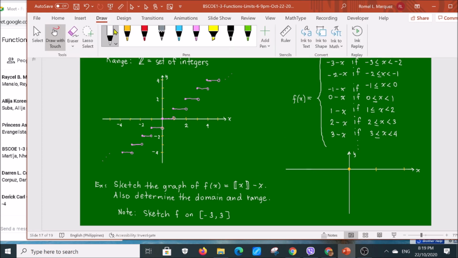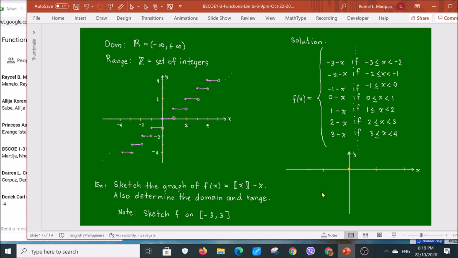This is negative, positive 1. Is it smaller or enough? And then negative 1, negative 2.